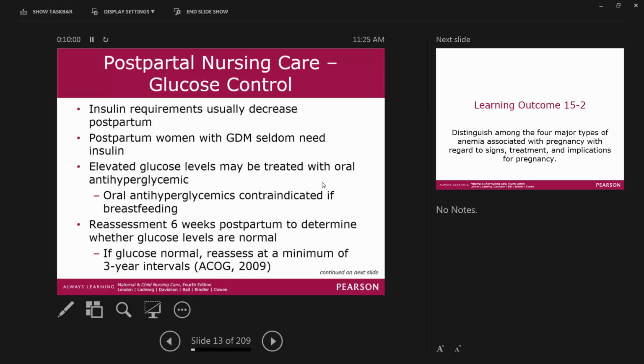Postpartum, they can take oral agents unless they're breastfeeding. Then we keep assessing them up to 6 weeks to make sure their blood glucose levels return to normal.